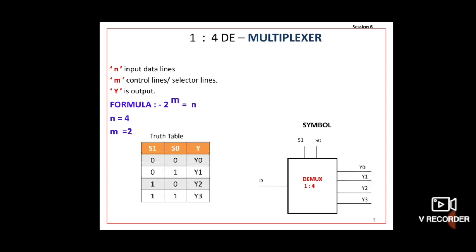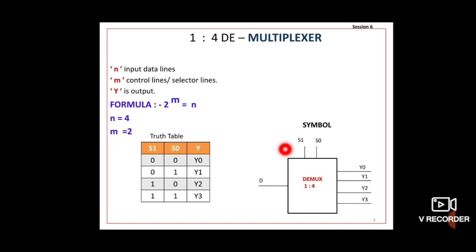This is the symbol of the 1 to 4 demultiplexer. Here D indicates the input line, Y0 to Y3 indicate the output lines, and S0, S1 indicate the selector lines or control lines.